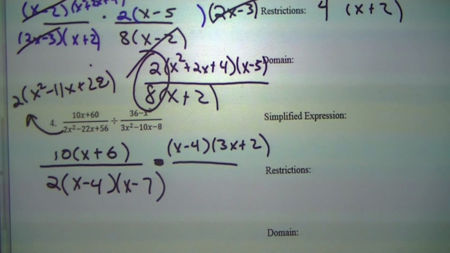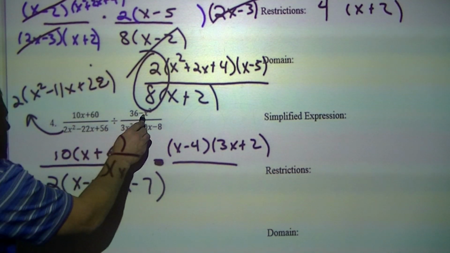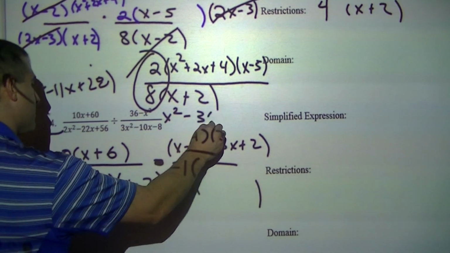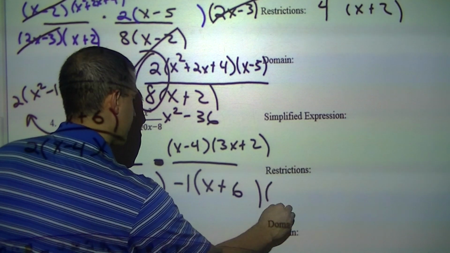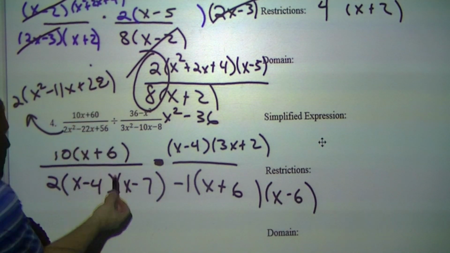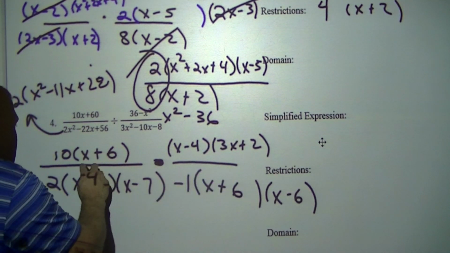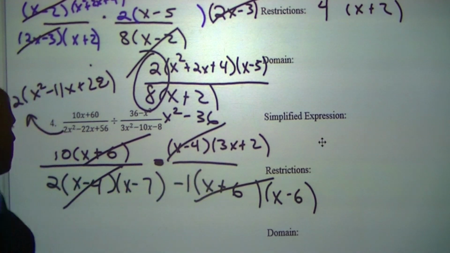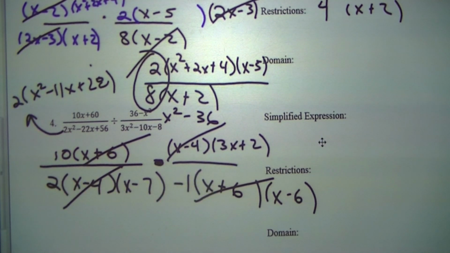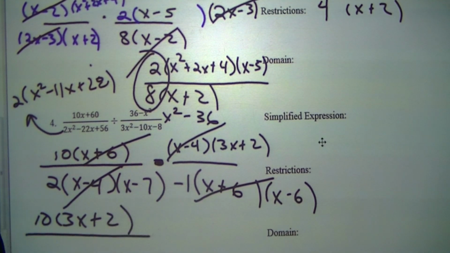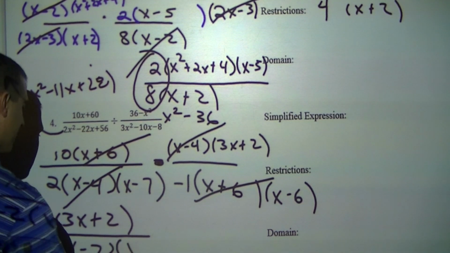Okay? Now, for this one, I got to take out a negative 1, so that's going to leave that as x squared minus 36, which is going to be x plus 6, x minus 6. And now I'm going to see what I can cross off. Nothing vertical. Diagonally, this can go. What I'm left with up top is 10, 3x plus 2, and then negative 2, x minus 7, x minus 6.